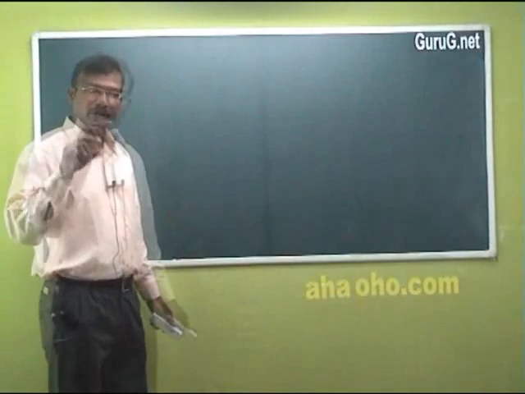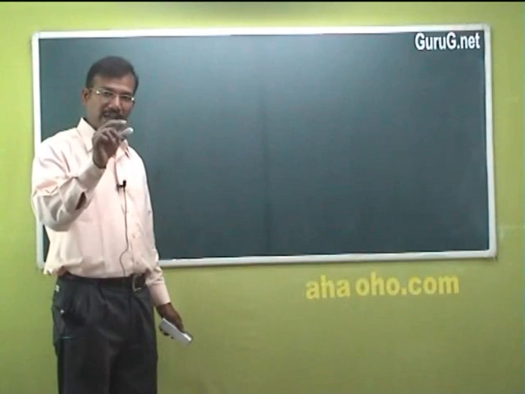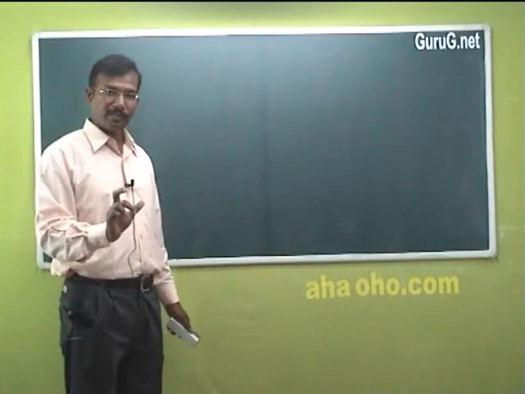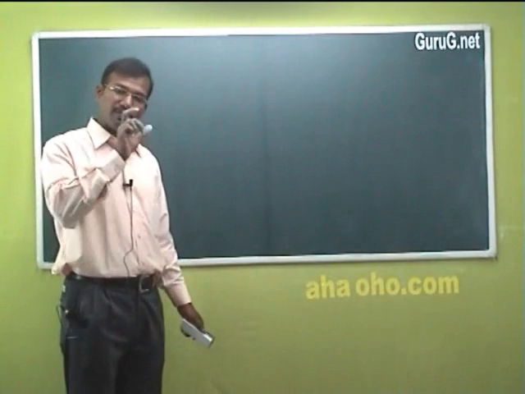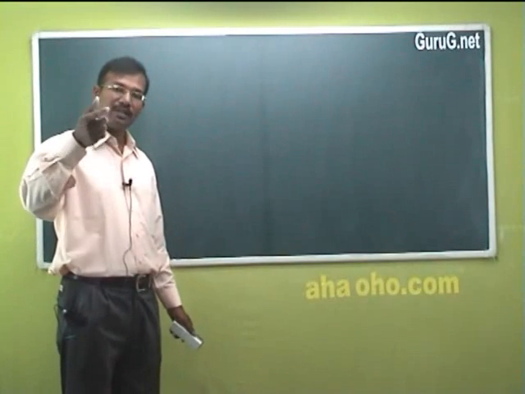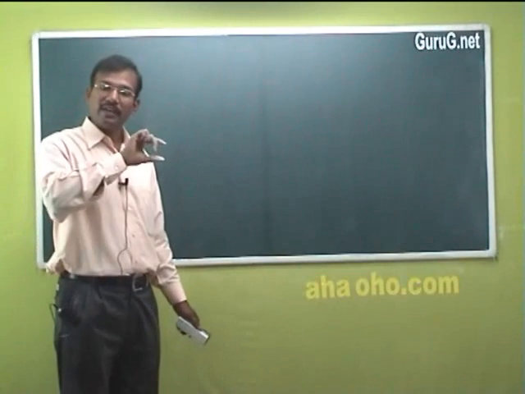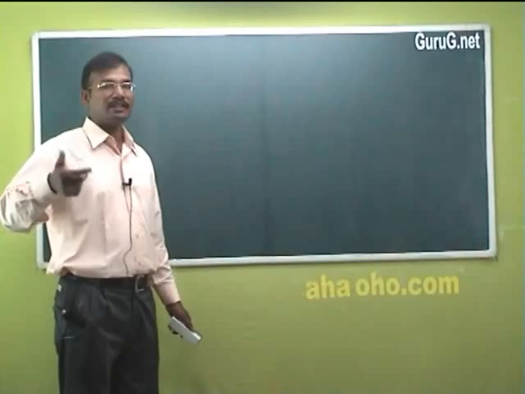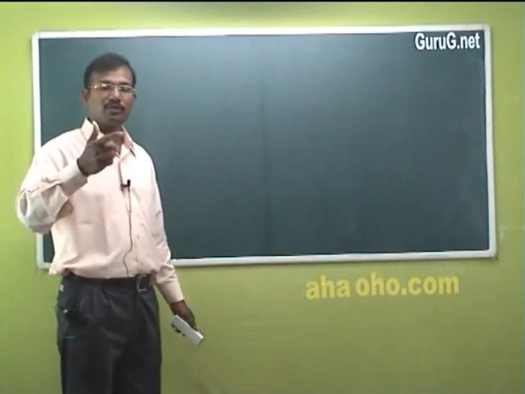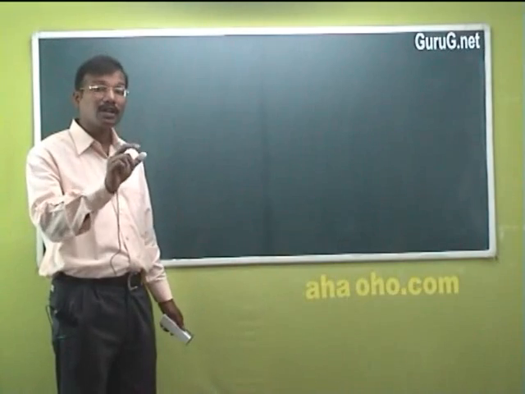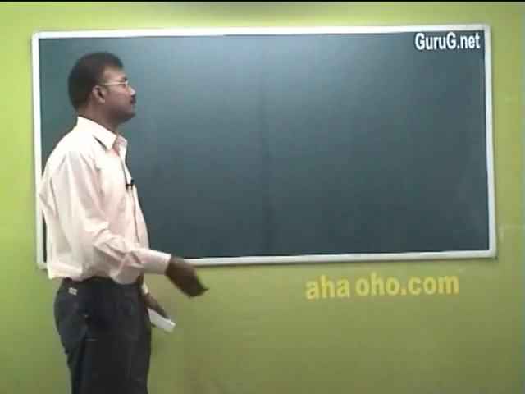Here, the given octal or hexadecimal value will be converted to an intermediate form, and that intermediate form can be binary. If it is binary, it is easy for us to perform the conversion.